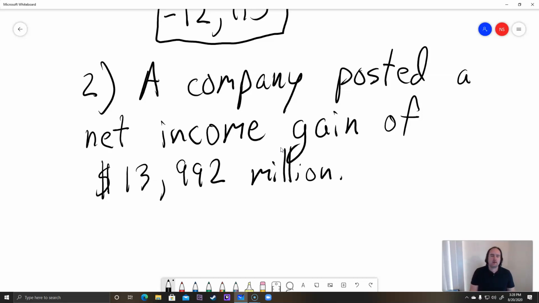Just like the last problem, you take the number they gave you, 13,992, and you have to decide whether it's going to be positive 13,992 or negative 13,992.